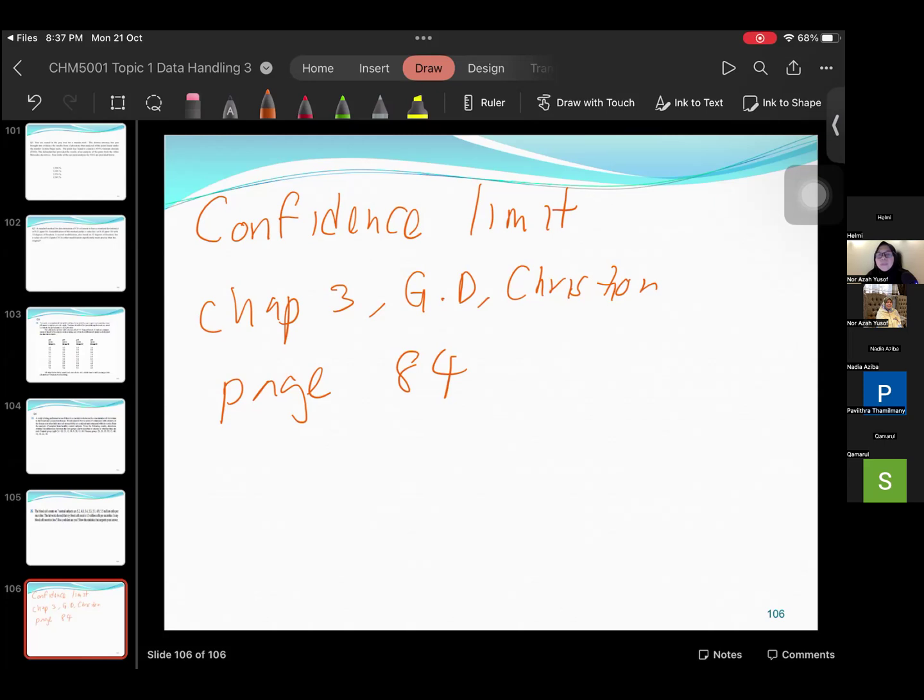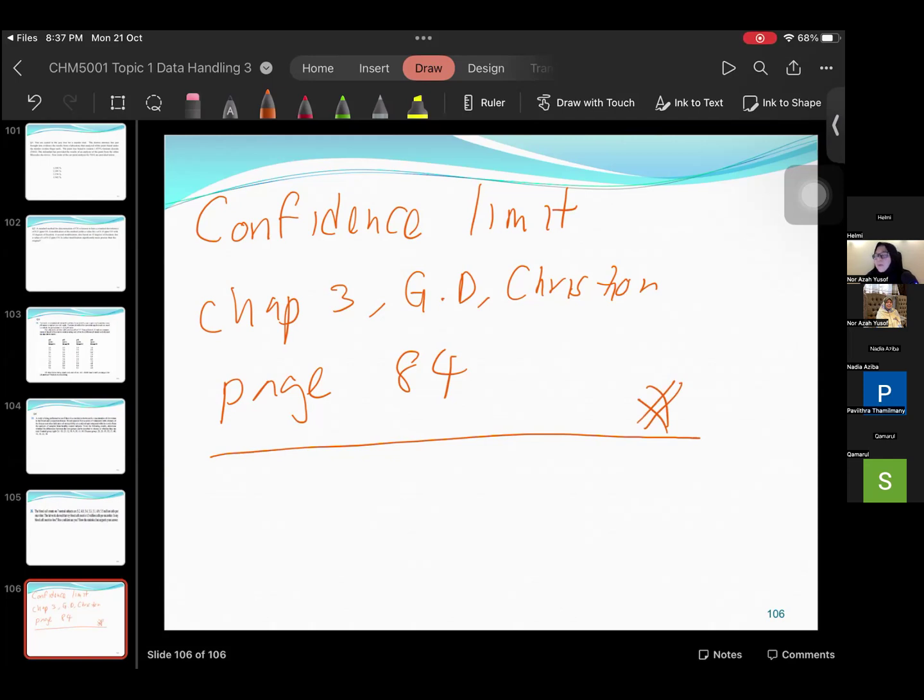This is a very simple calculation of confidence limits. The ones that we discussed are 90%, 95%, and 99%. So there is a calculation on how to get the confidence limits of an analysis. Please do this and the one that I mentioned just now, in your own time.